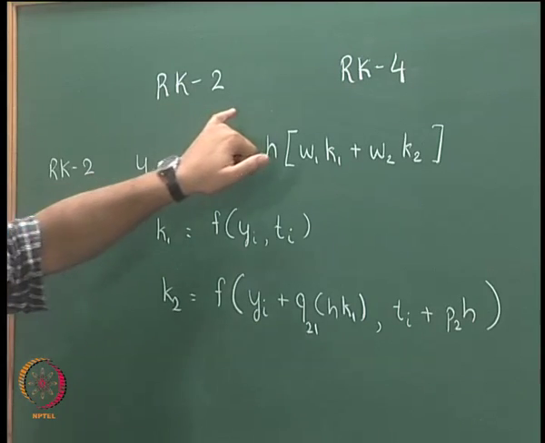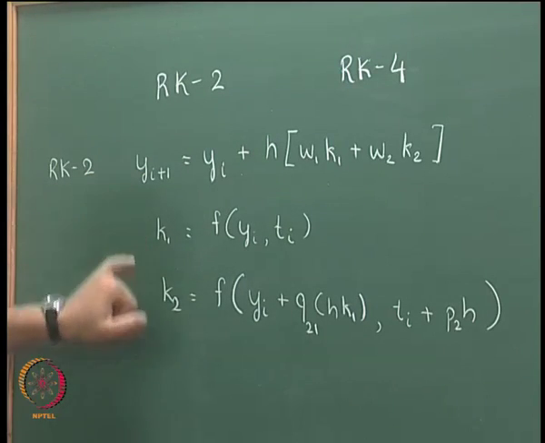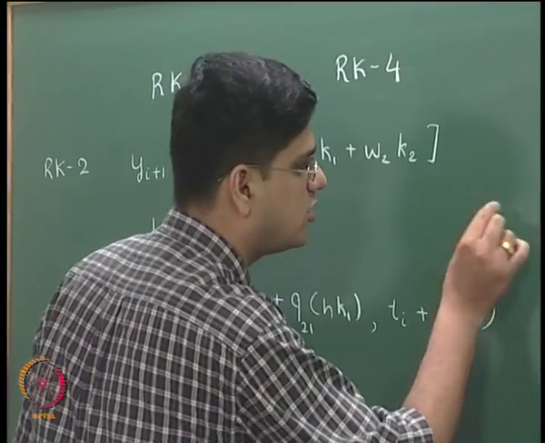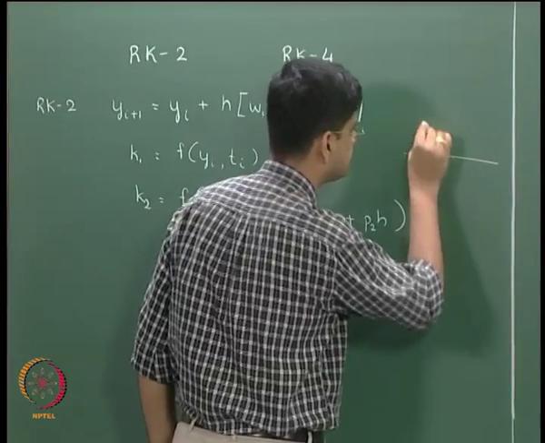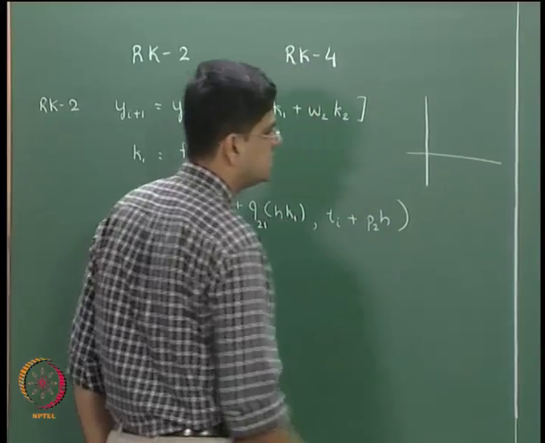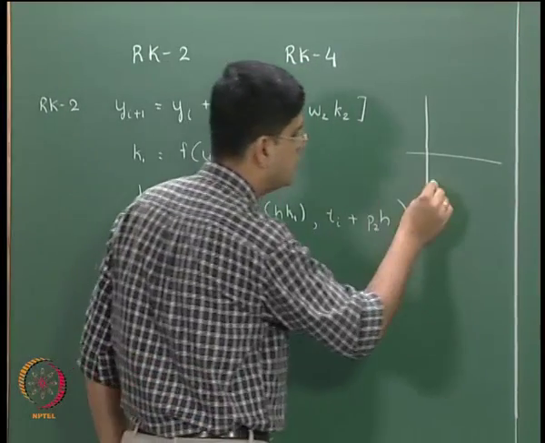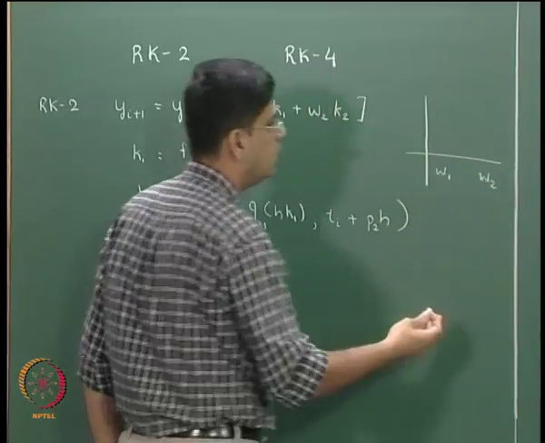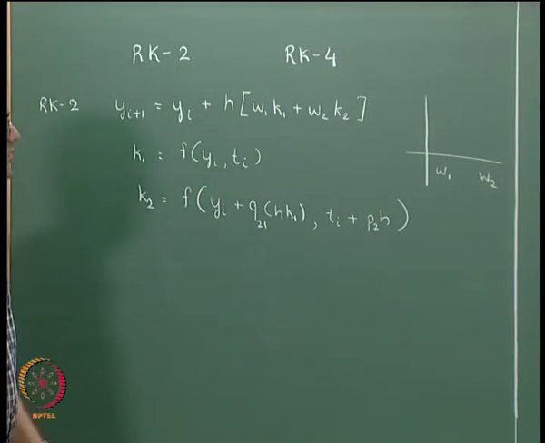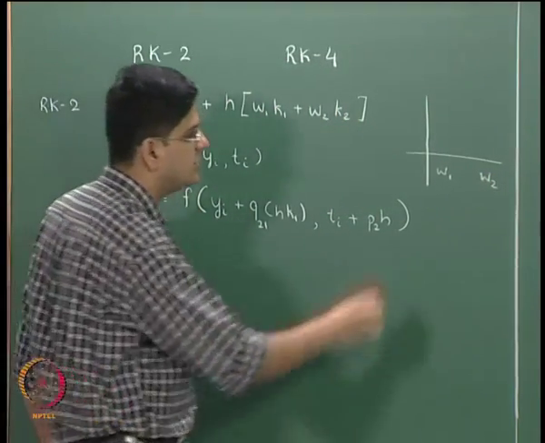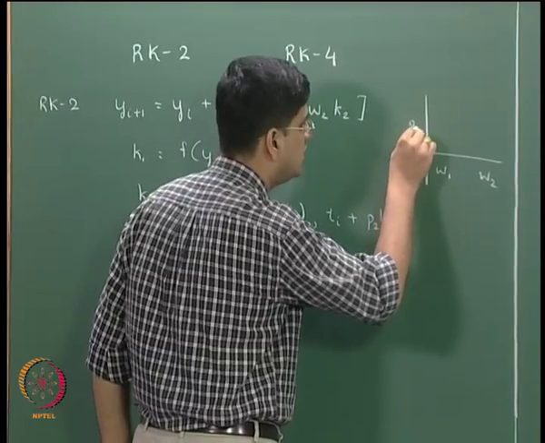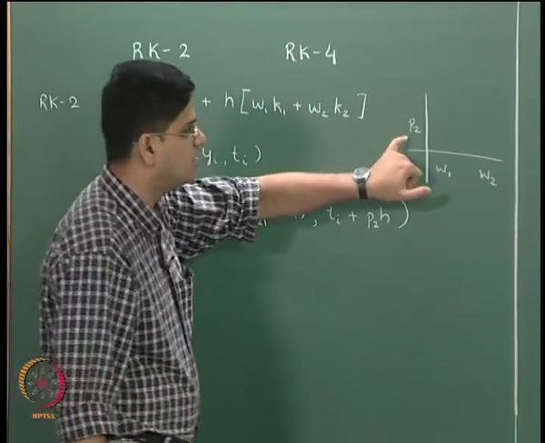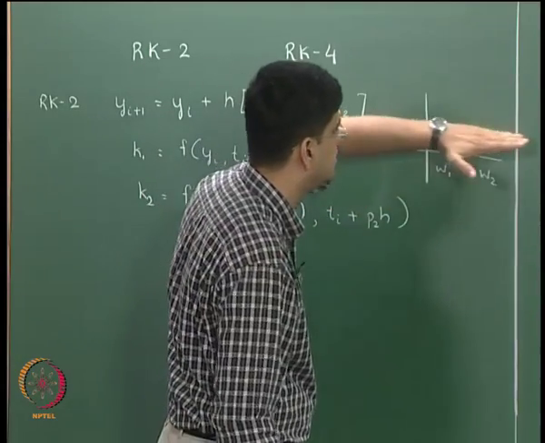So this was about RK2, and the way we represent these weights is we will just draw a table with two lines. The weights w1 and w2 will go below this particular line, and the weight p2 will come to the left of the vertical line, and the q's we will write in this particular row.